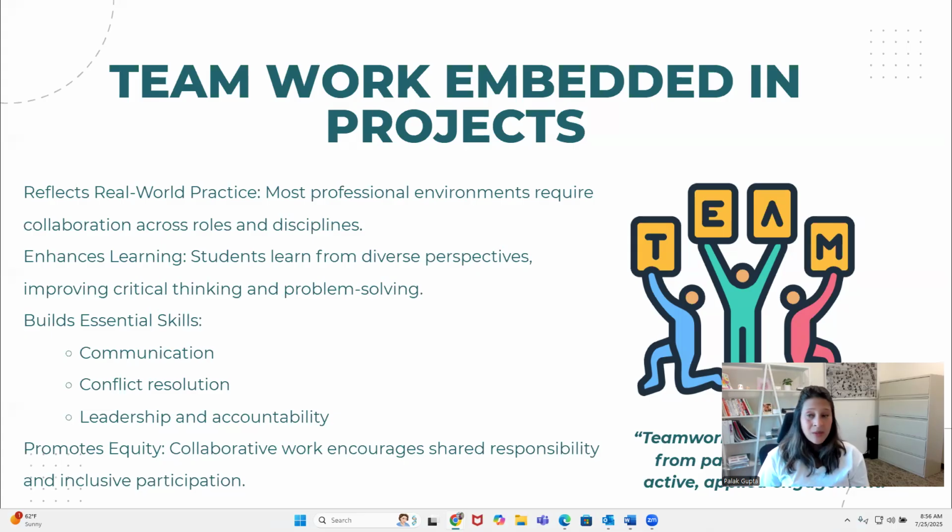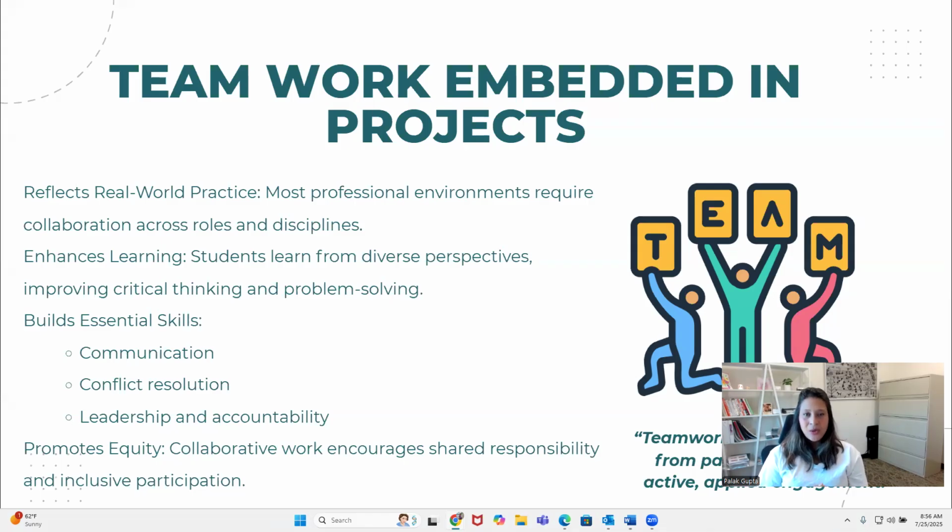They co-create logic models and evaluation plans. We have some real time feedback where peers and instructors provide feedback and encourage ongoing improvement. And then the digital portfolio which they create in the end highlights both the individual contributions as well as the team contributions and team results.